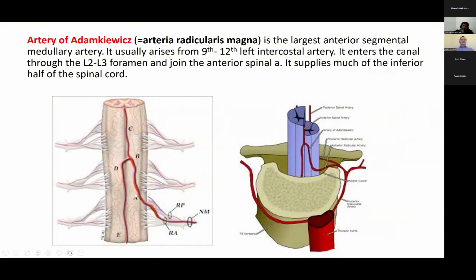often it may be endangered by aorta replacement surgeries done by vascular surgeons, because they are cutting or replacing a large part of the aorta, and then many segmental arteries are ligated, which include the Adamkiewicz artery, and then it may cause spinal cord ischemia and paraplegia.